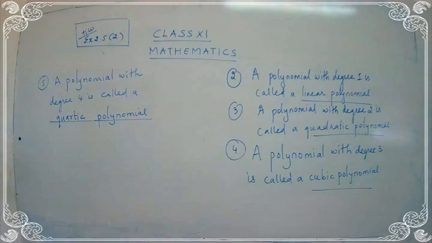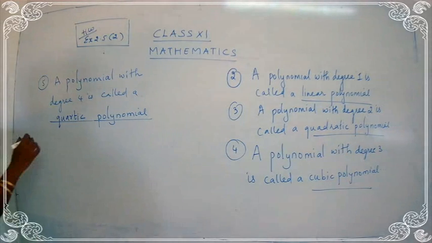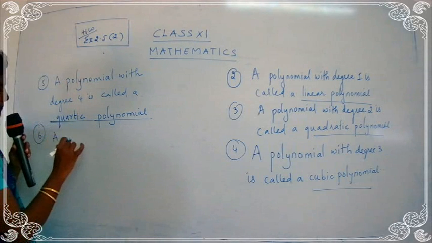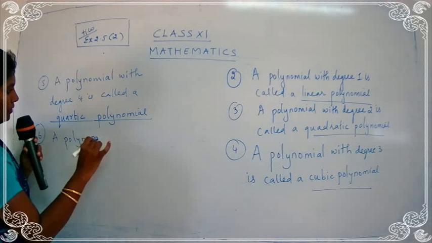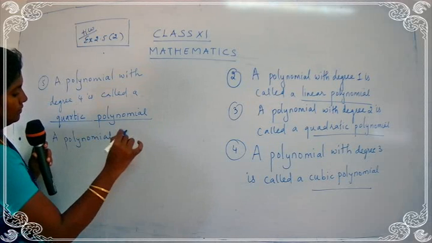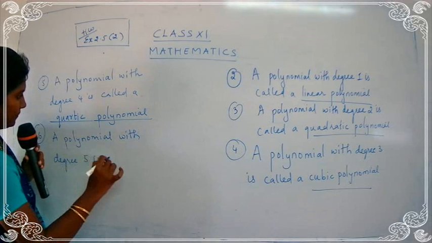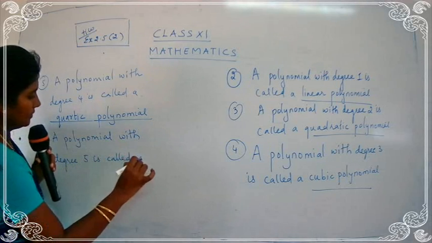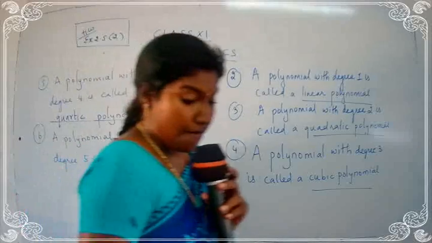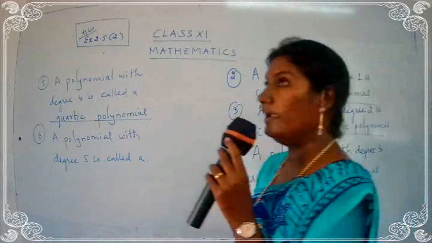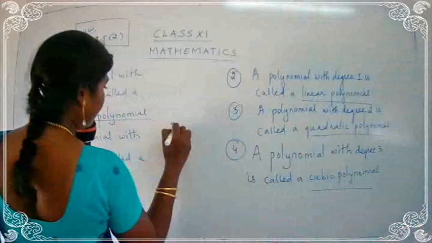A polynomial with degree 5. These are the new terms that you are learning, yes children. A polynomial with degree 5 is called a quintic polynomial. Quintal. Have you heard of the term quintal?